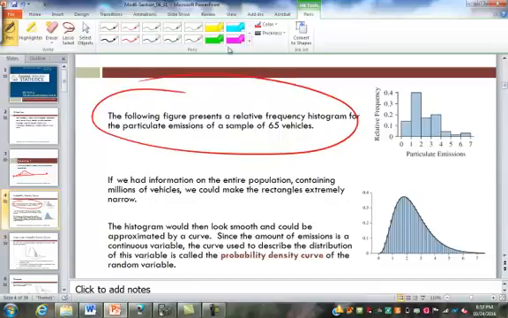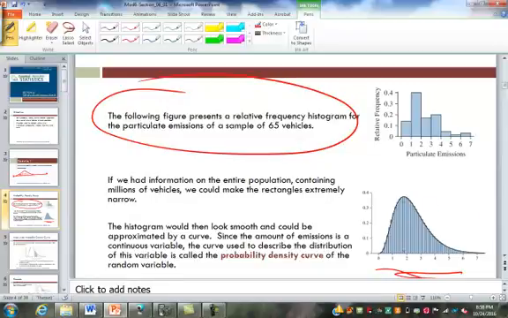But rather than having classes, those class widths can get smaller and smaller and smaller. So those bars get narrow and narrow, like you can see in the second drawing. And basically they get infinitely small. In other words, they get so narrow they have no width. And that's what the continuous distribution is.